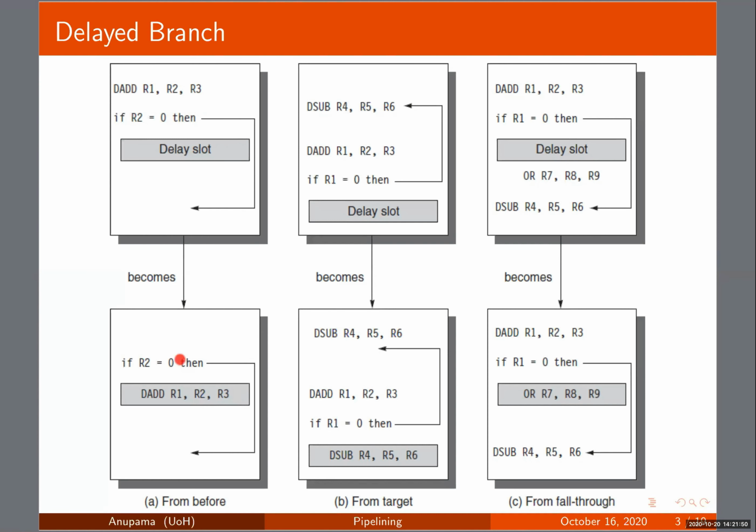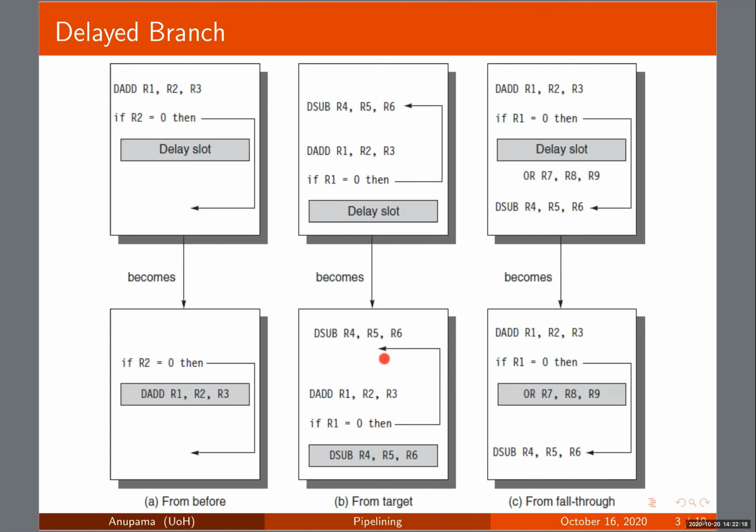In that case, you may be able to do something like this. You have a loop here. If R1 equal to 0, you go back to some instruction. So here, what are you doing? You're repeating that instruction in the branch delay slot, and when you go back in the loop, you go to the instruction just after the DSUB.